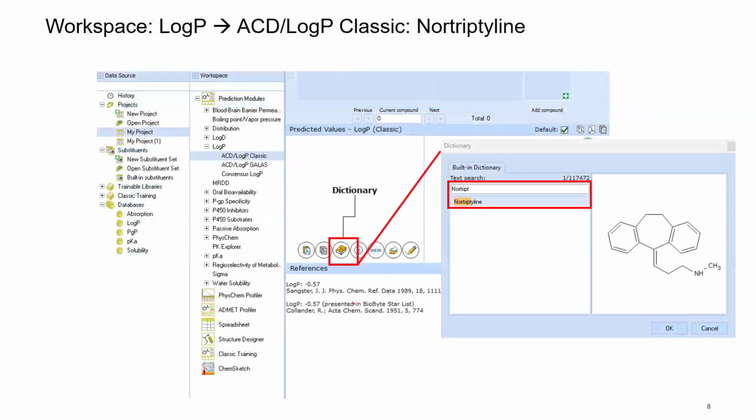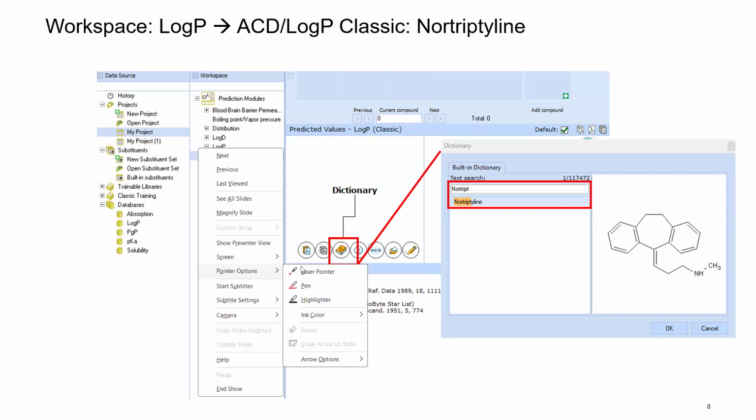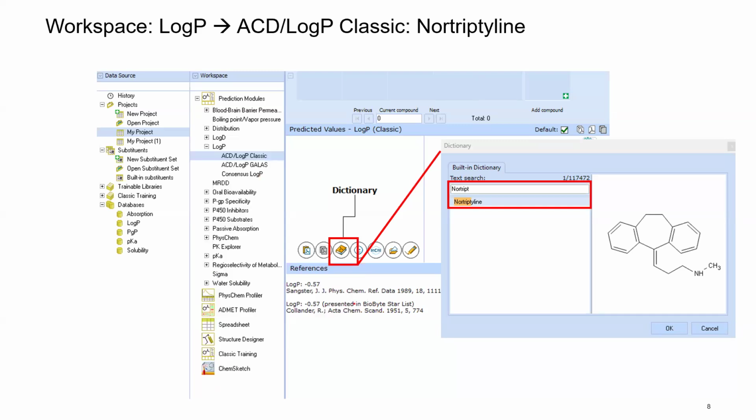So we're going to start with a little case study, a medicinal chemistry case study using one example, nortriptyline, which is a tricyclic antidepressant, a very old drug, on the market since the 60s. And if you want to start a project, you click on new project on the left, and then you either import the molecule, and I'm going to show you this with a pointer.